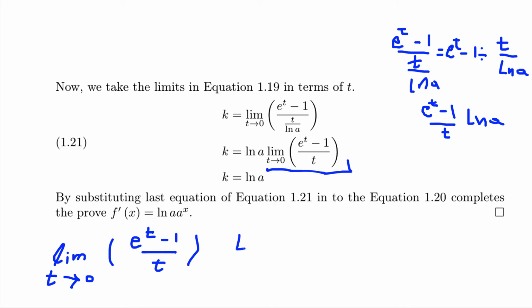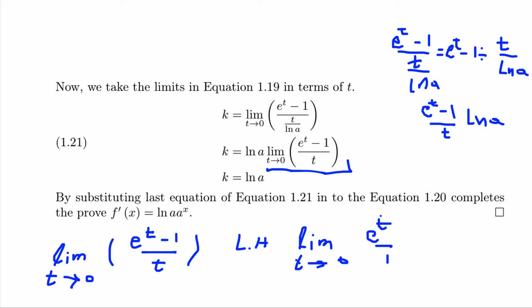So we use L'Hopital's rule. According to L'Hopital's rule, the limit as t goes to 0 gives us e^t divided by 1.